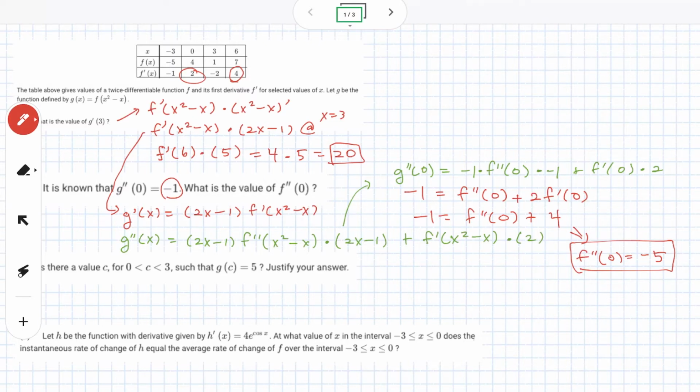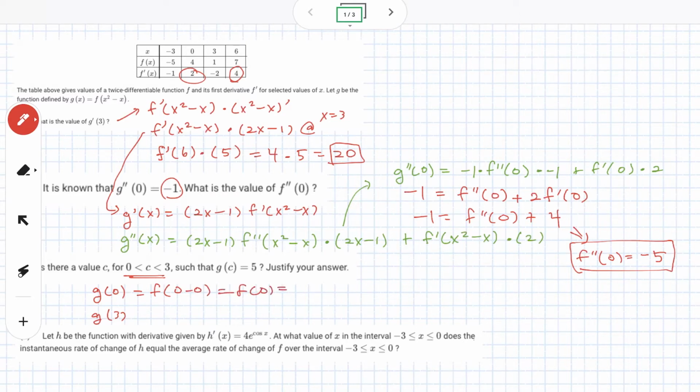Part C, is there a value c? Okay, so this is an intermediate value theorem problem. So is there a value c for 0 to c to 3? So this is that thing where we're going, okay, what is g of 0?